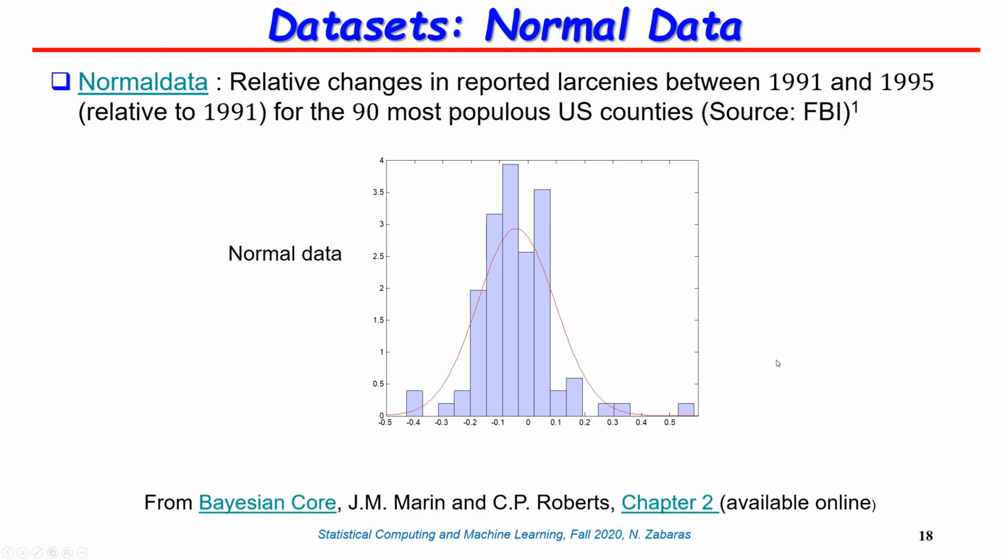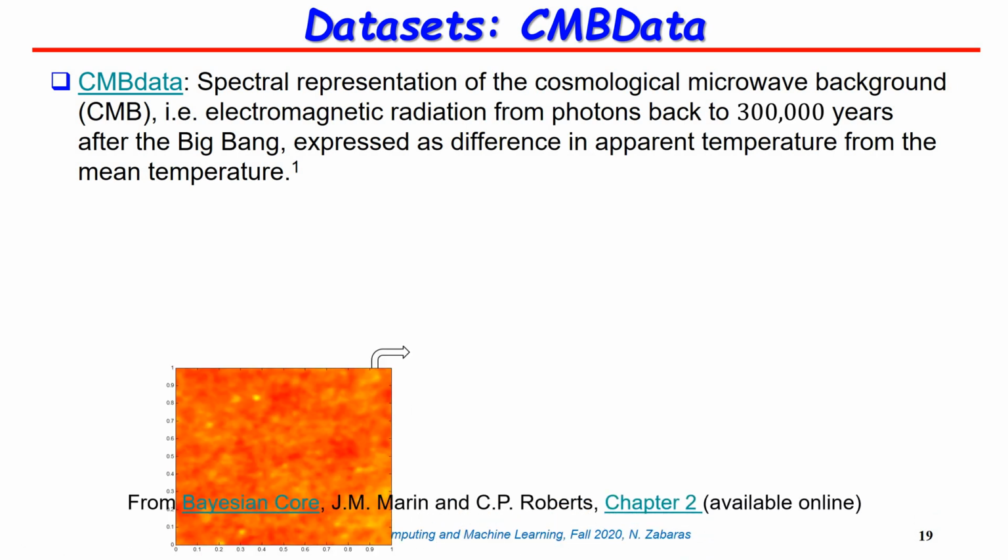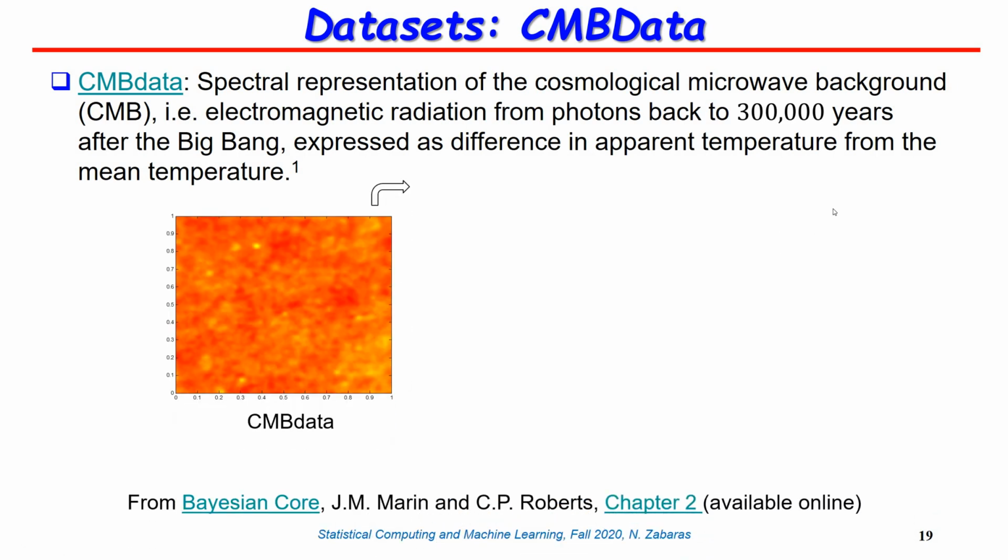A more interesting example is an example where the data come in the form of an image. So you can think here, every pixel in this image represents some intensities of electromagnetic radiation from photons over many years.